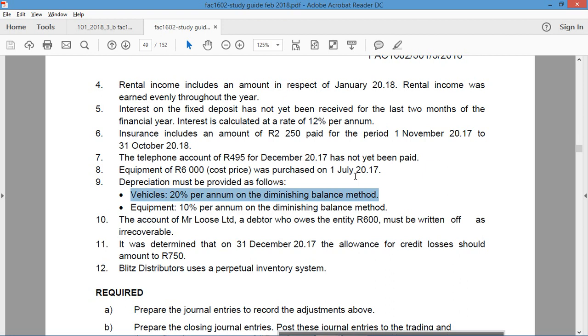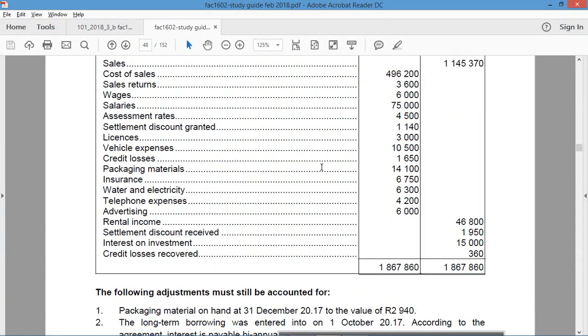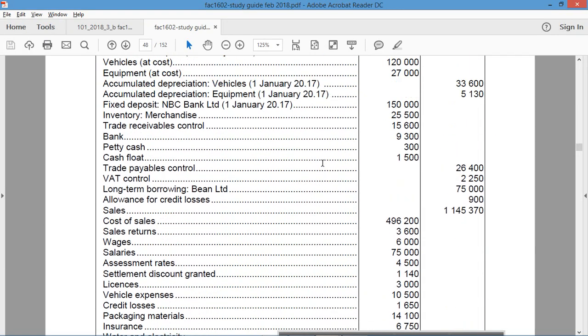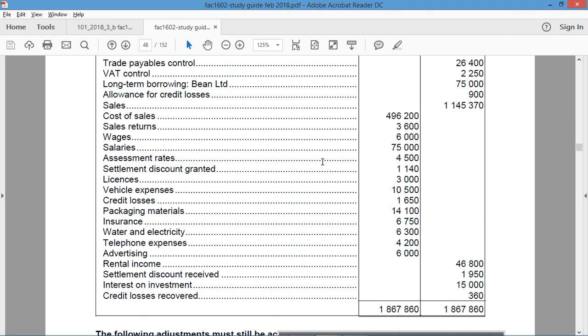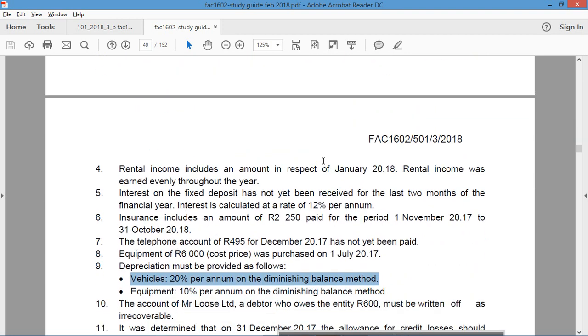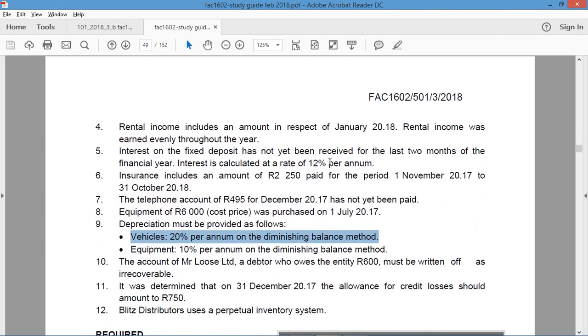And how much is it? 20%. What was the vehicle cost price? It was 120,000. Times 20%. Oh, be careful, because it's diminishing balance.